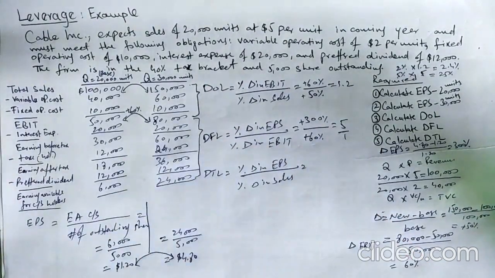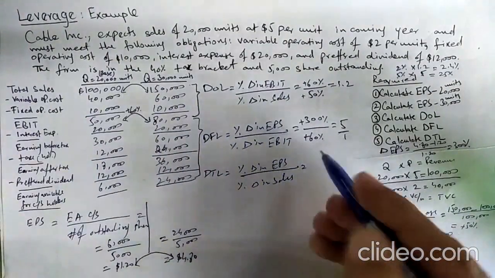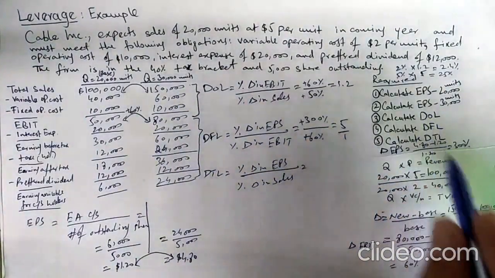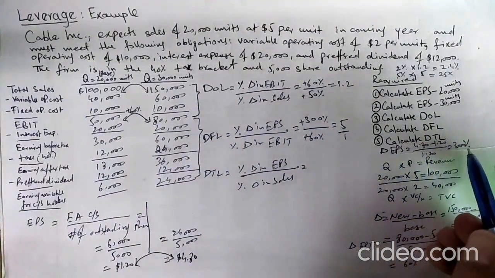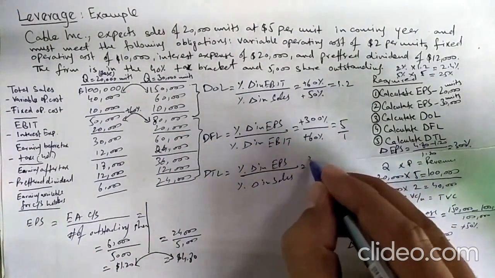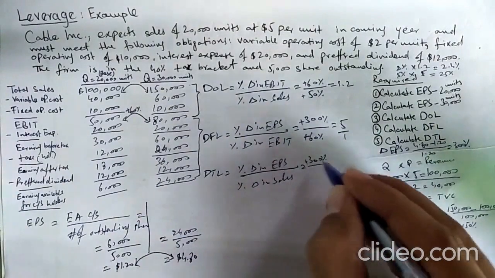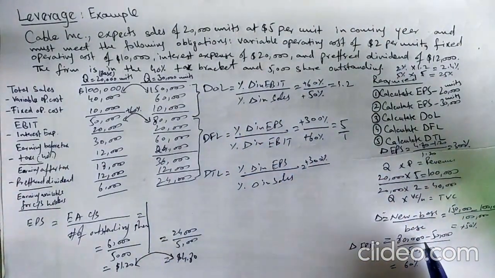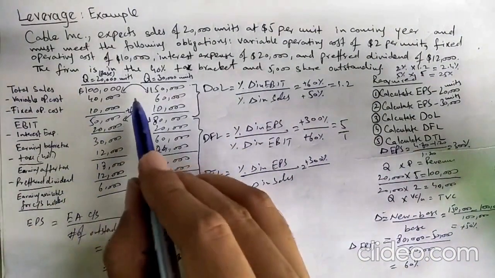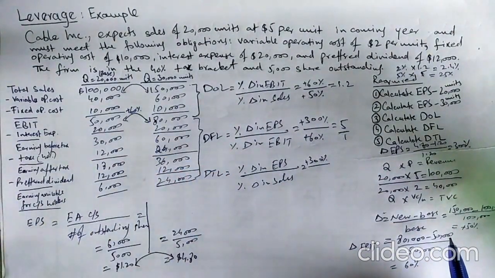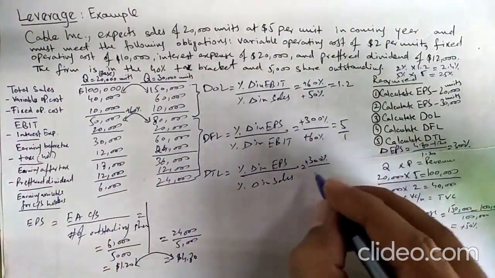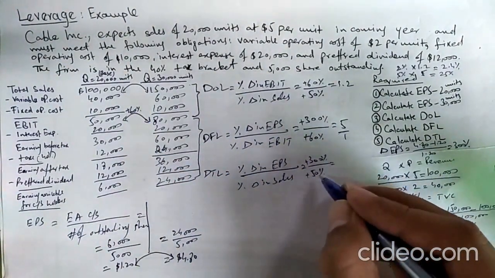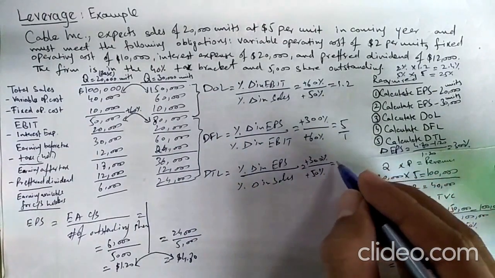We have already calculated the percentage change in EPS, which was 300%, and we have also calculated the percentage change in sales, which is equal to 50%. So if we divide 300% by 50%, then the answer is equal to 6.